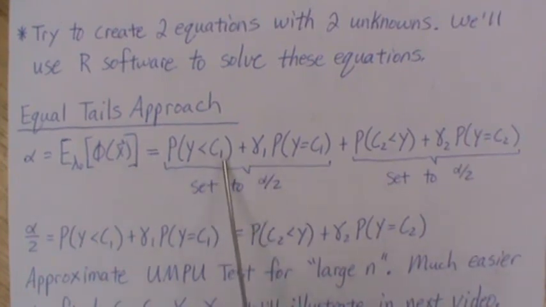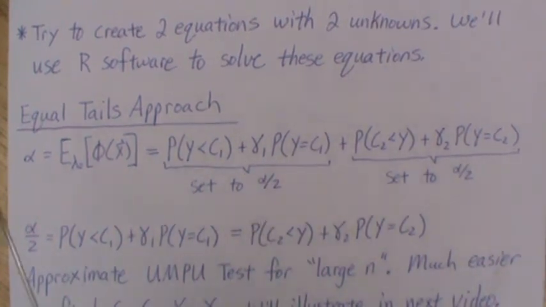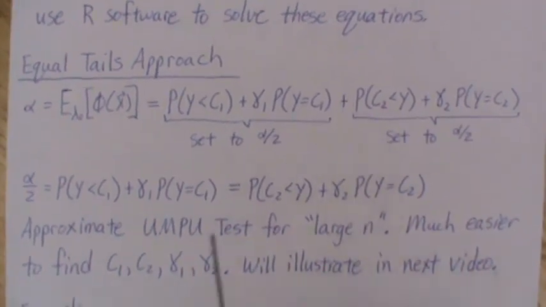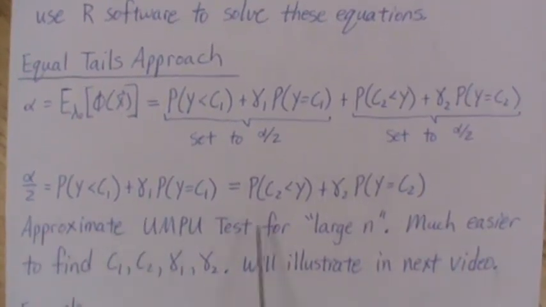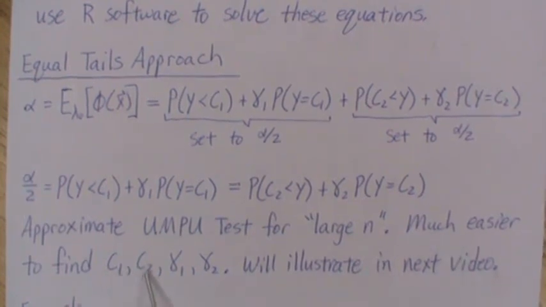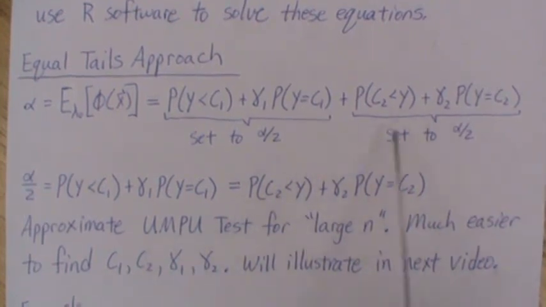So we find the C1 value such that this randomized test being below is alpha over 2, and this is alpha over 2, which is this condition. So it's an alpha level test, but it's only approximately the uniformly most powerful unbiased test, and for large N. But it's much, much easier to find C1 and C2 and gamma 1 and gamma 2.